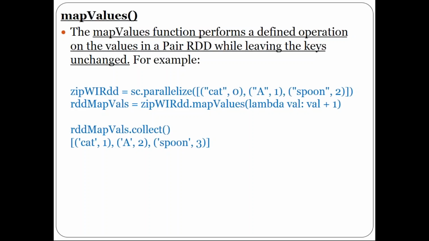Now, map values. Map values are nothing but positioning the mapping of your RDDs. The map values function performs a defined operation on the values in pair RDD while leaving the keys unchanged. But guys, remember, your key will never change, your value will change. That's the practice.